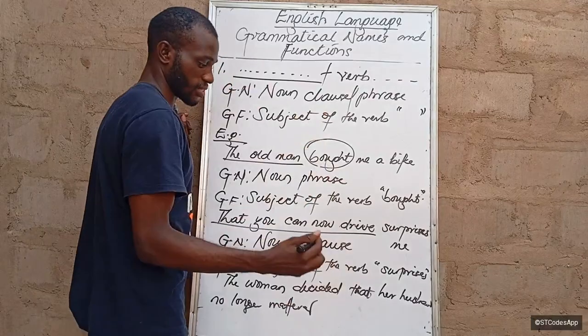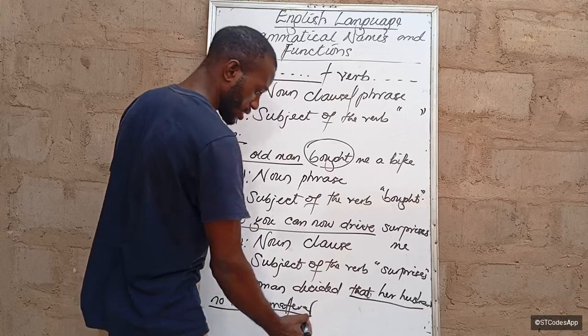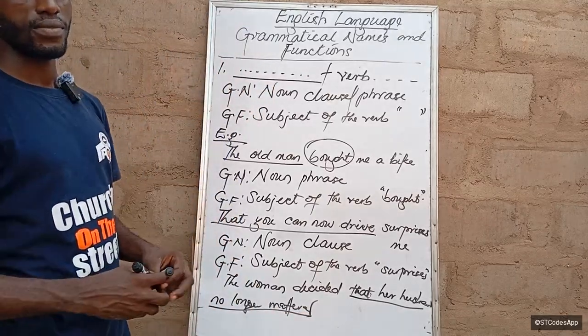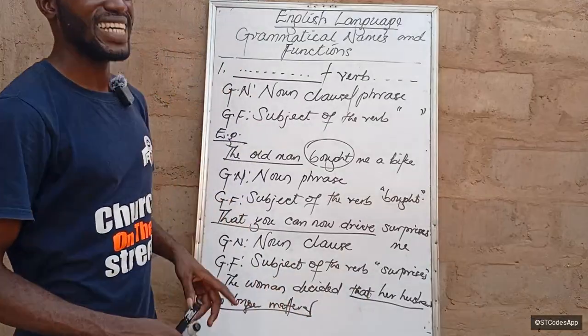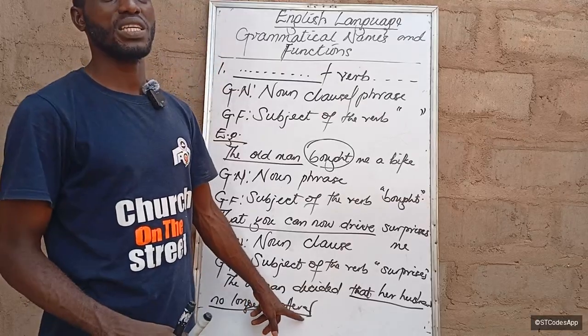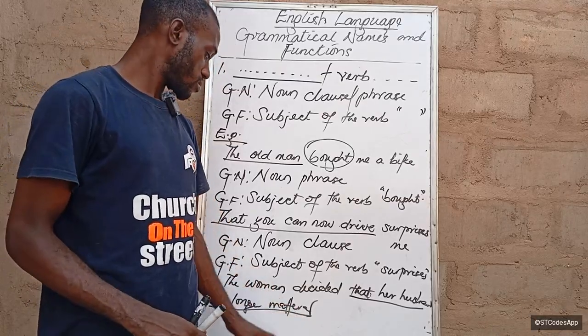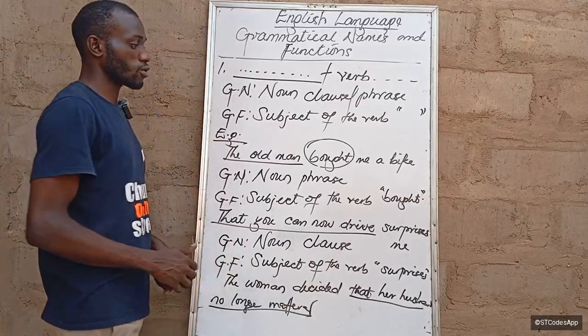And look at this. This is underlined: that her husband no longer mattered. So that her husband no longer mattered is underlined. Then that tells you that this is going to be a noun. Why? Because it is coming. Okay, I have not taught you the second structure.